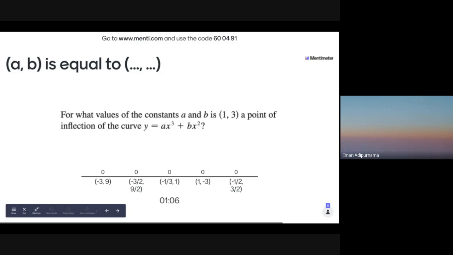You need to check the derivative and check with that point. I hope the time is enough, but I think it should be a little bit more.